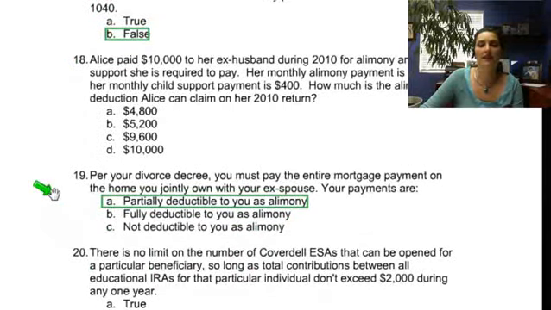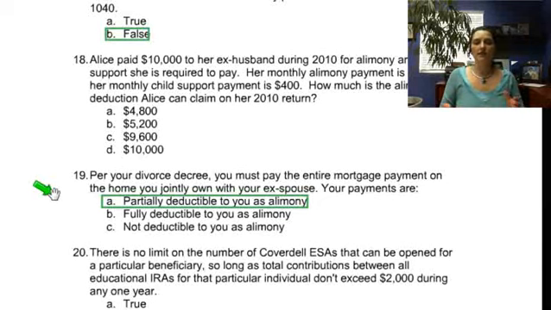Next question in line, number 19. Per your divorce decree, you must pay the entire mortgage payment on a home you jointly own with your ex-spouse. Your payments are partially deductible to you as alimony. That is the true answer, A, and this is also something I discussed in our lecture.